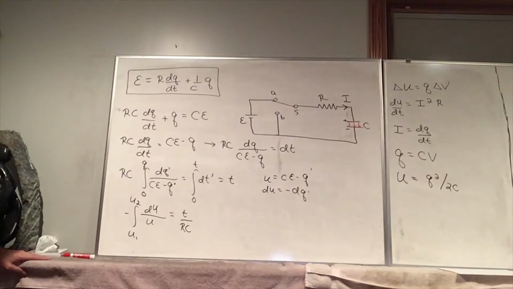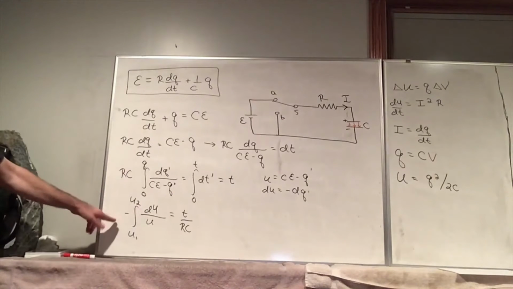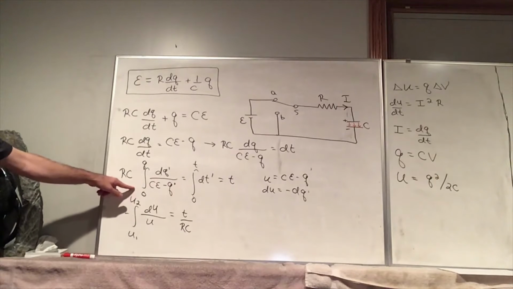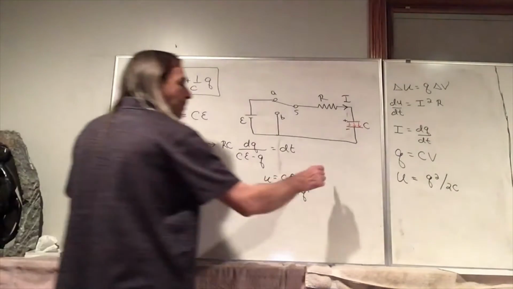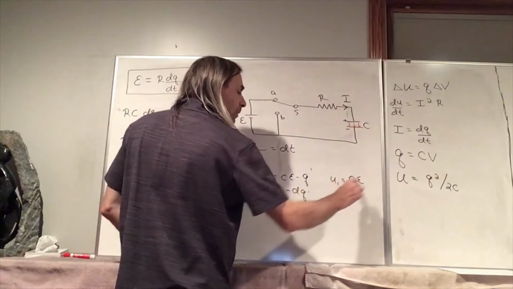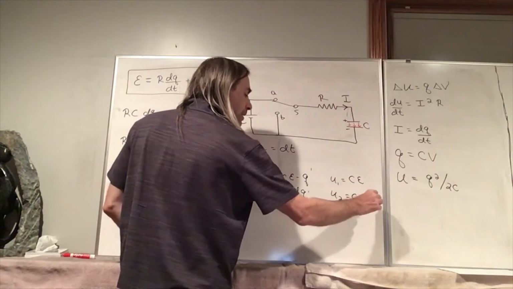Again, u1, that's when q is 0. So u1 is C epsilon, and u2 would be C epsilon minus q.